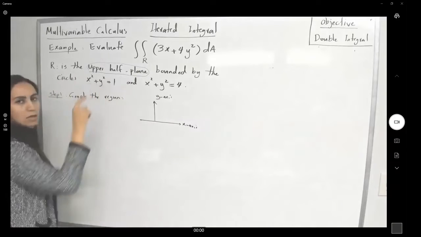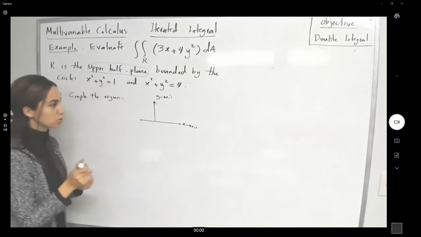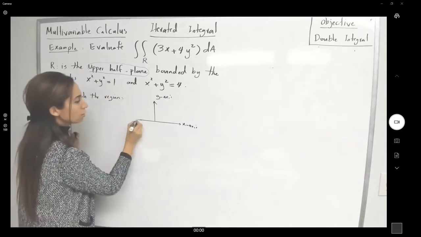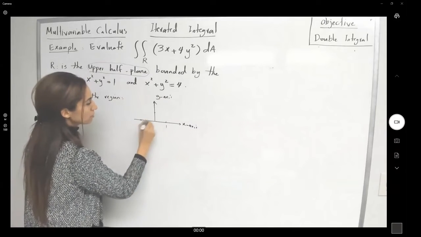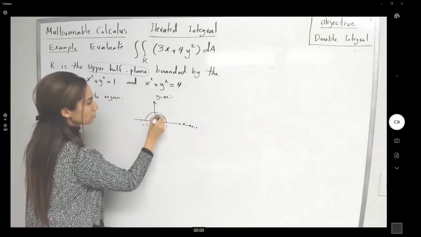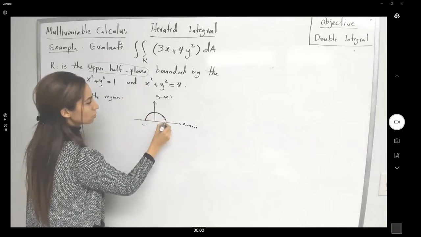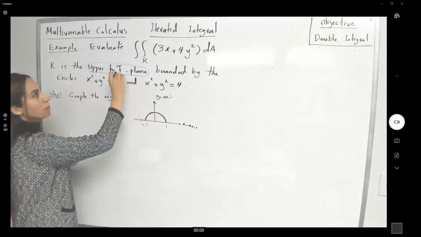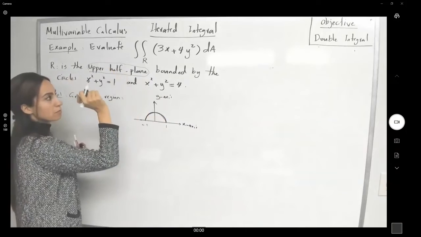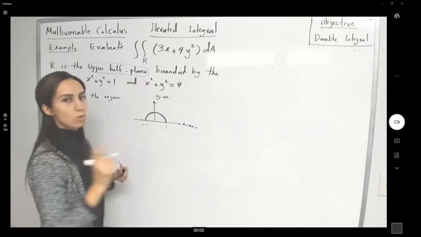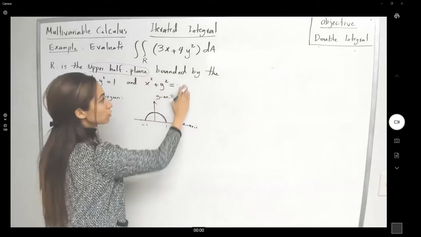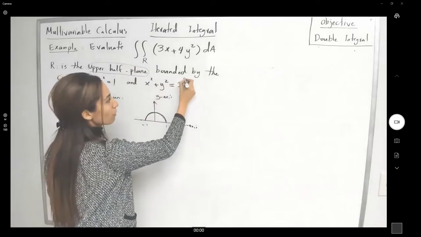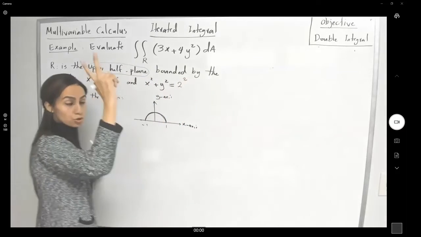This is the unit circle. Okay, the unit circle is not very hard. I already know the unit circle has radius 1, and this is my x squared plus y squared equals 1, but in the upper half plane. The second one is x squared plus y squared equals 4. It means that I have radius 2. Remember to convert this into the format where you see the radius, 2.